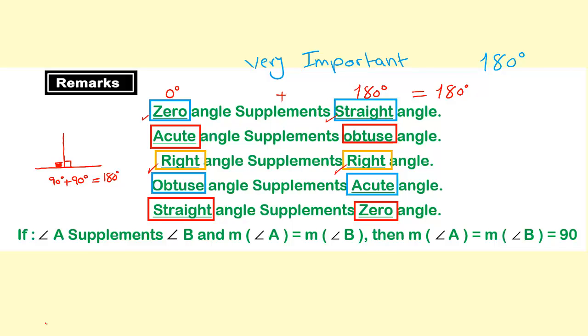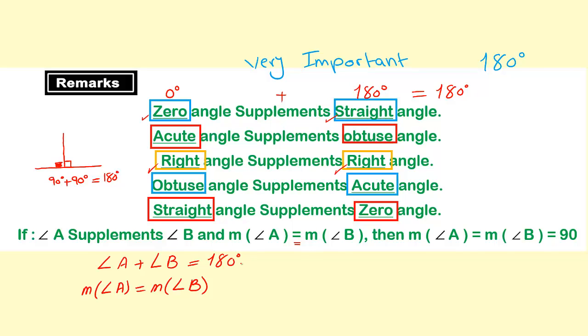If angle A supplements angle B, he is saying that angle A plus angle B is equal to 180 degrees. And also he said that angle A is equal to angle B. So, the measure of angle A is equal to the measure of angle B. And I know that if I add them together, they must be 180 degrees.